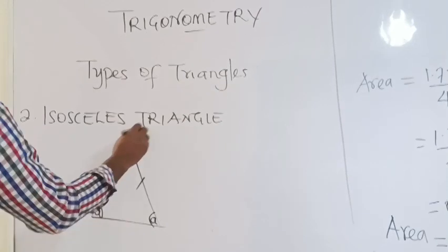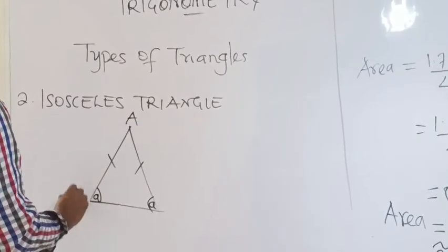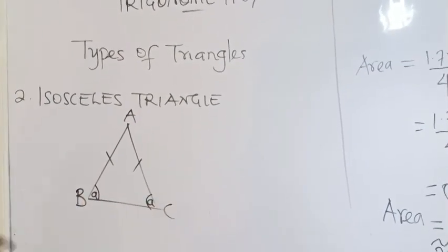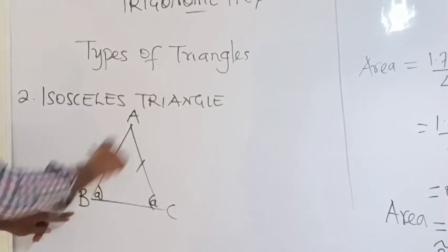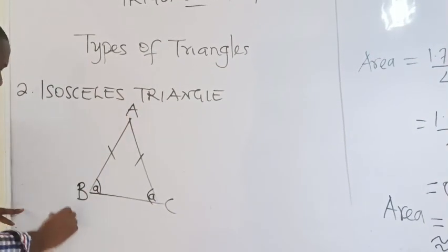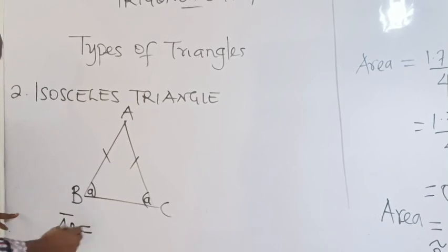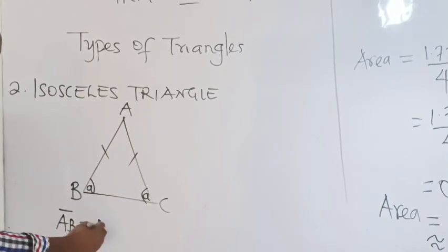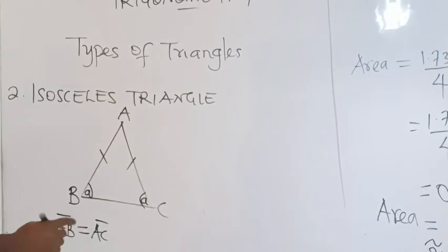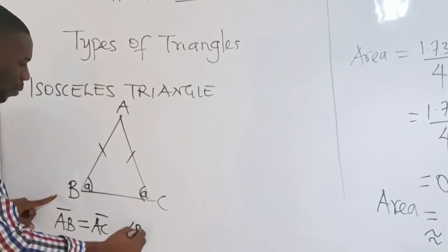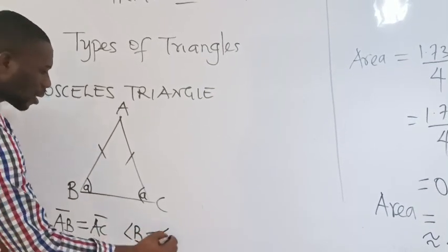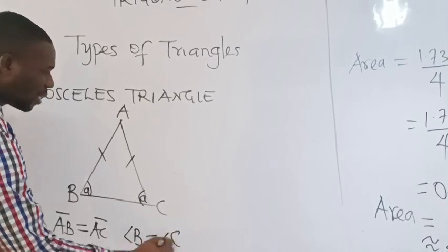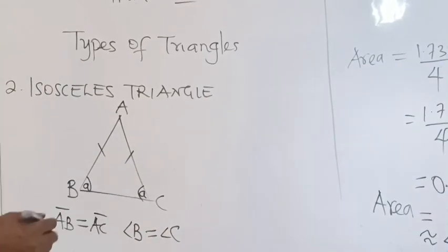And you are free to imagine, let me just take this angle A, call this angle B, angle C. So in other words, this line segment AB is the same as the line segment AC. And also, this angle B is the same as angle C. This makes this isosceles.